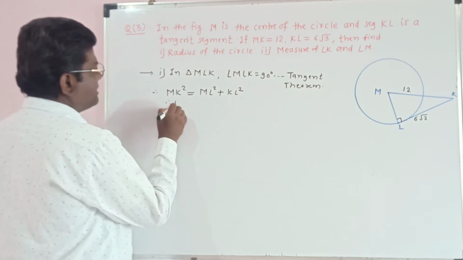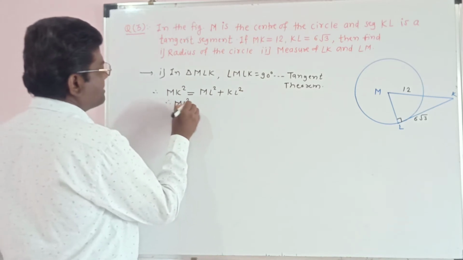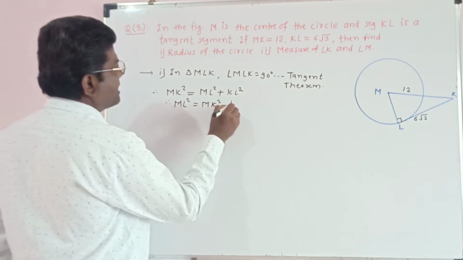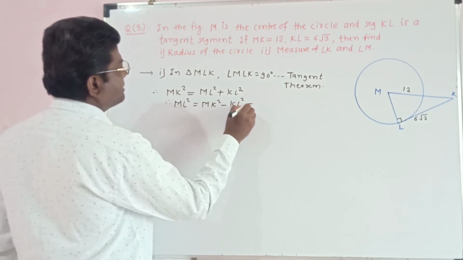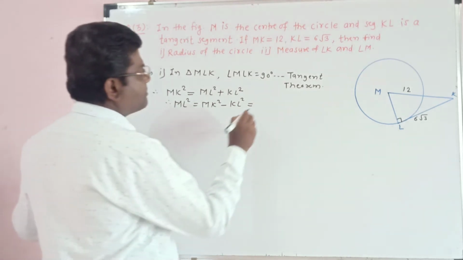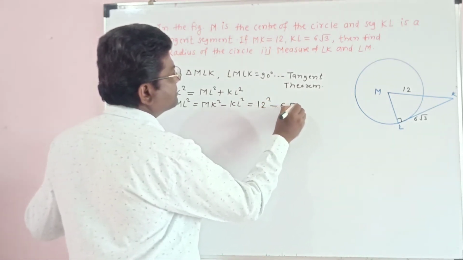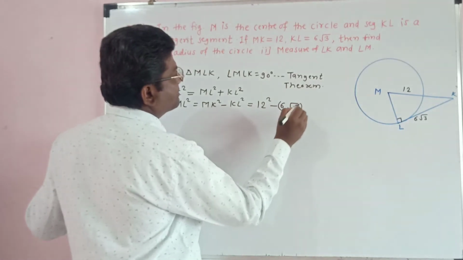We have to find ML. Therefore, ML square is equal to MK square minus KL square, is equal to MK is 12, 12 square minus 6 root 3 square.